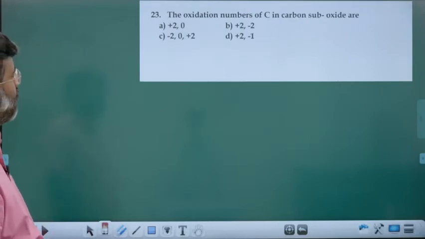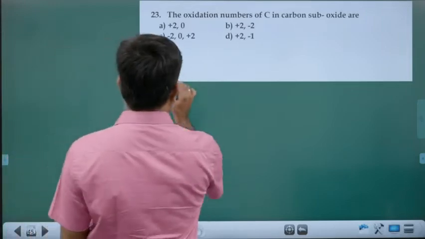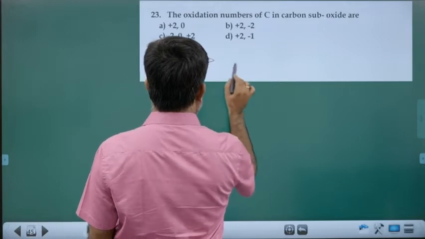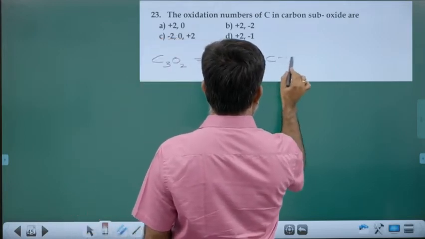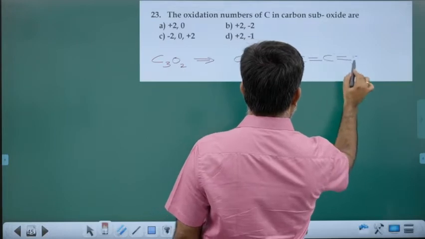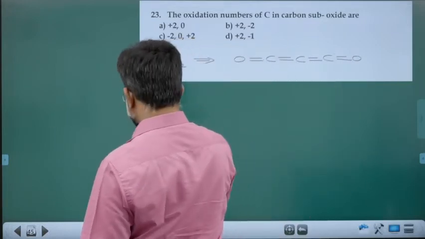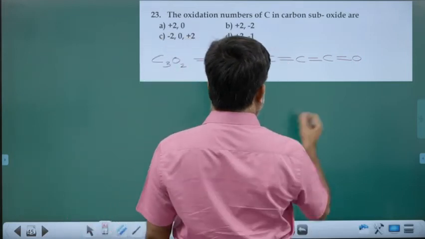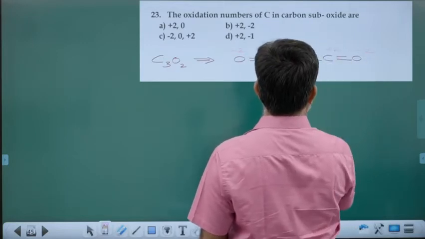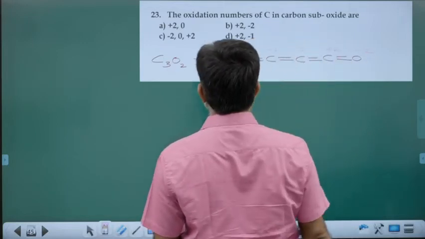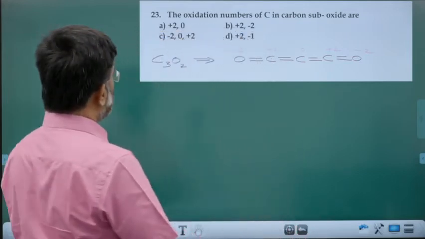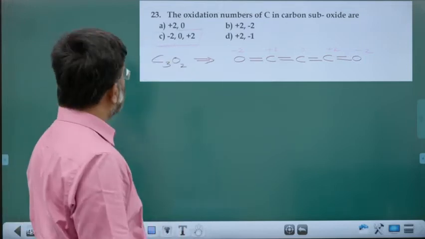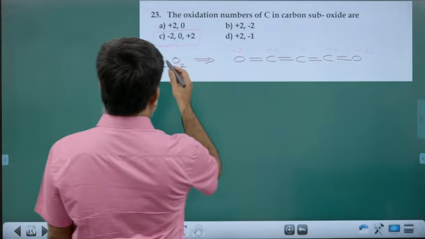Oxidation number of carbon in carbon suboxide, C3O2, having the structural detail oxygen, carbon, carbon, carbon, oxygen. Oh, sorry, it is not minus 2, plus 2.